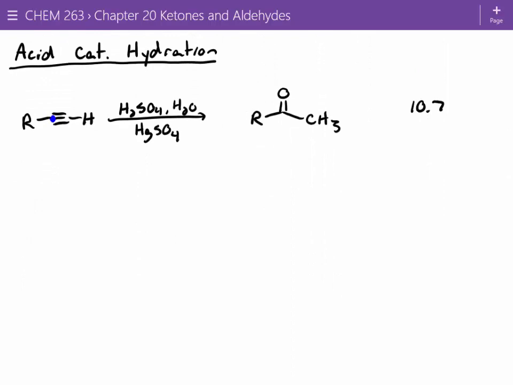All right, what's the other way we know of making a ketone? It's relatively new. Acylation. Yeah, acylation, and it had Friedel-Crafts acylation before it, so we'll include that because that's a new one.